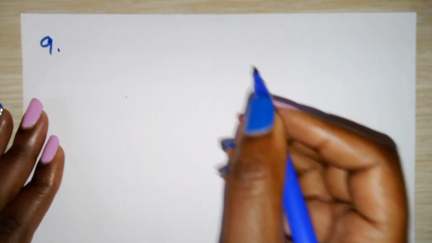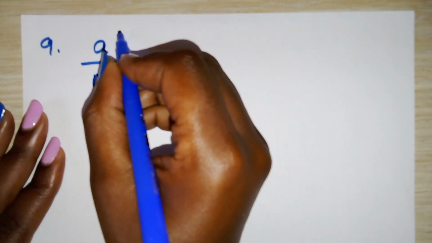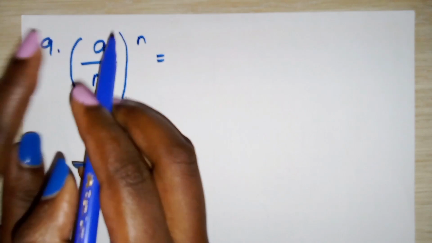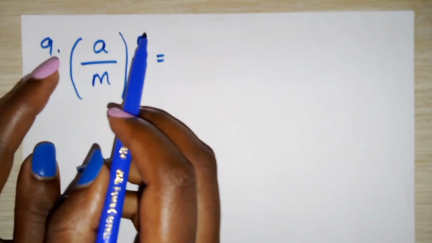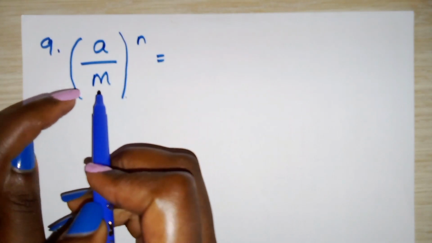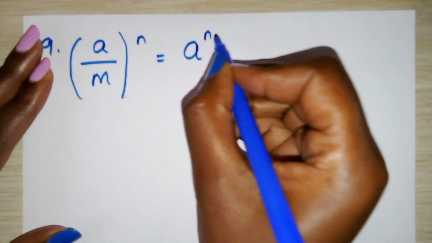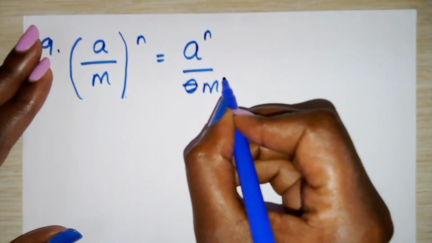Now on to the second last law of indices. We have (a over m) to the power n. Since there's a bracket, it means this n is the power for a and it's the power for m. So you can separate it this way: a to the n over m to the n.